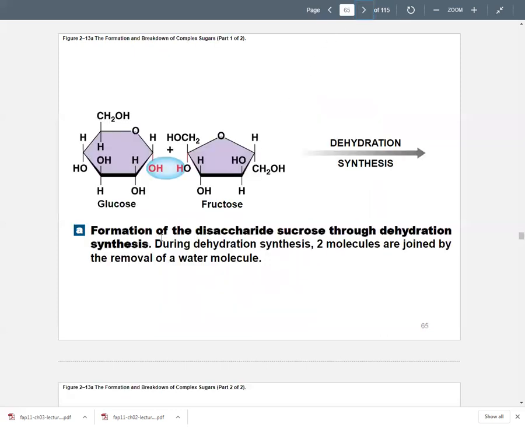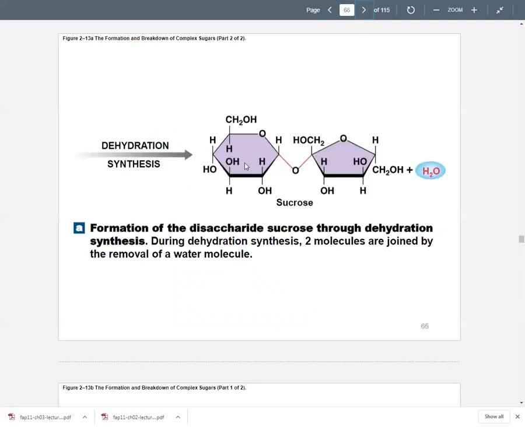All right, so formation, here's again the dehydration synthesis. You're taking glucose and fructose. You're linking them together with a covalent bond, but here's an OH and H. You're going to be releasing water. So that dehydration is releasing water, synthesis is creating a bond between these two monomers. So now you have the bond and you release water.